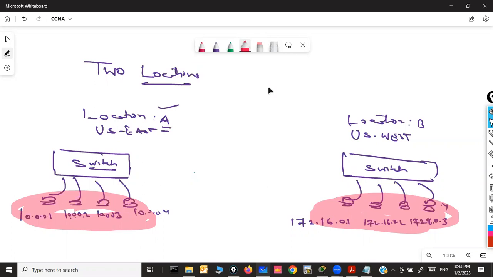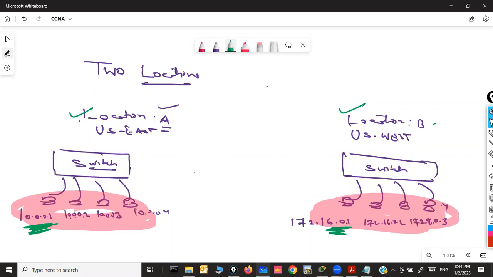The requirement is that both networks should communicate with each other, means the network at location A and the network at location B. If I'm sitting on computer 10.0.0.1, I should be able to communicate with a machine in a different location. For that, of course, physical connectivity is required. These two networks need to be connected with each other.